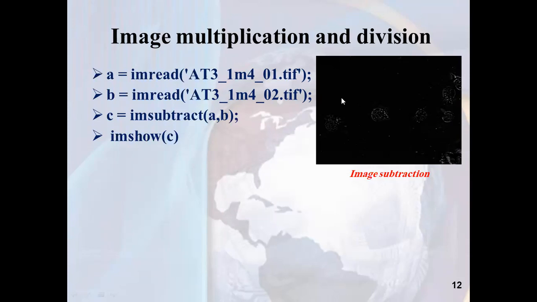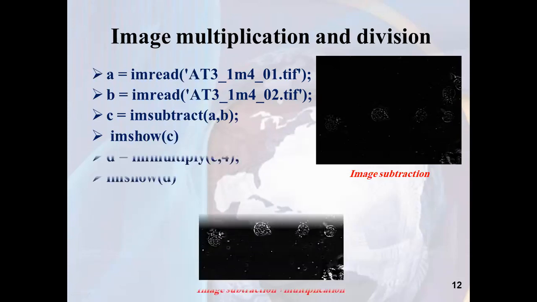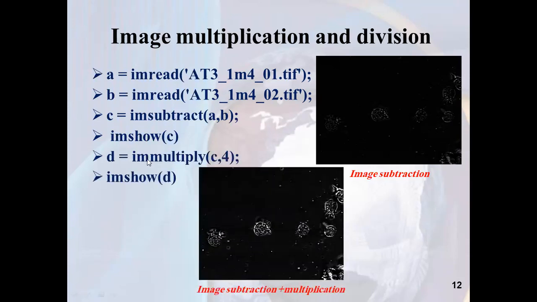Now if I want to enhance the difference, I will multiply the difference by 4, because if I have a small movement, the difference will be low, for example 10, 15, 25, etc. These small values approach 0 and will be represented by dark gray colors, which is similar to black.